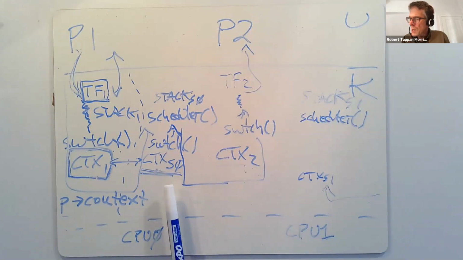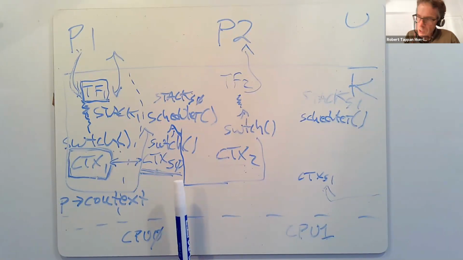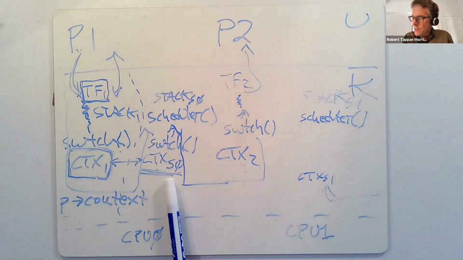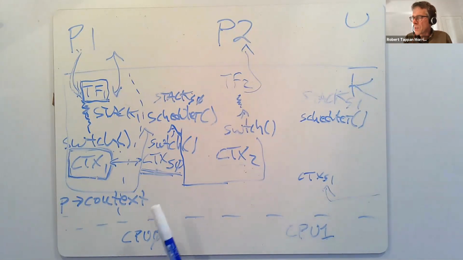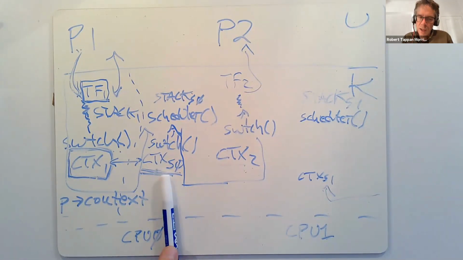They're set up at boot time. If you poke around in start.s or start.c, start.s probably, you'll see some of the setup for each core's scheduler thread. Very early in the assembly code during boot, the stack is set up for each CPU, and it's on that stack that the CPU boots and then runs its scheduler thread.